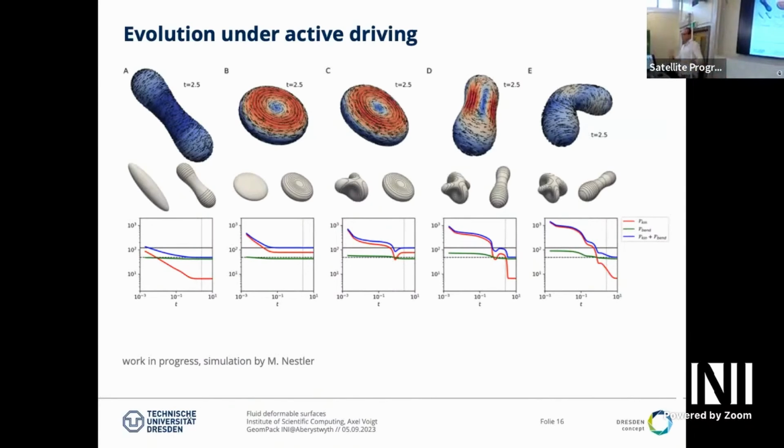So with this active chiral flow, one can stabilize this equilibrium shape, but with a persistent rotating flow on it. So that's a first result. Whether this also leads to instabilities of the shape, we are still investigating.